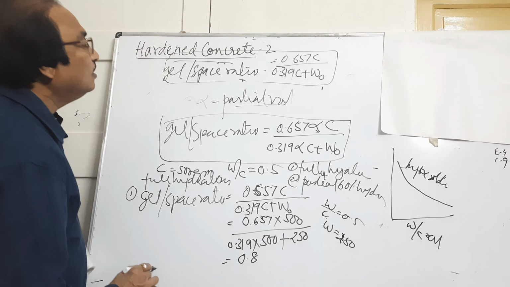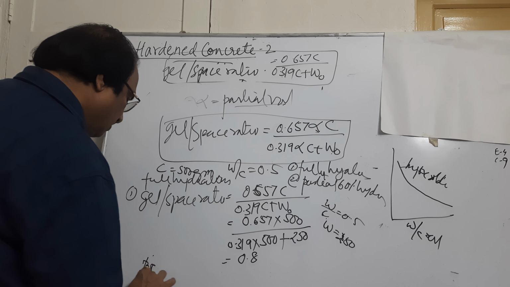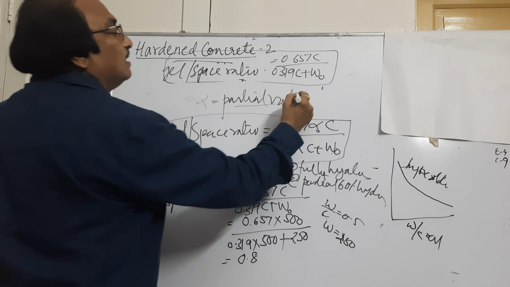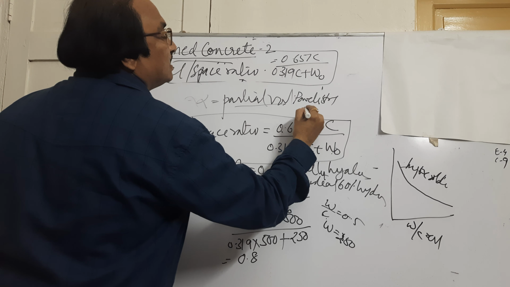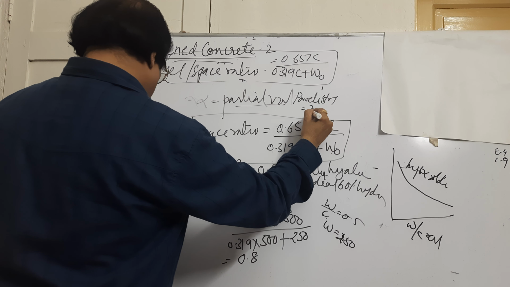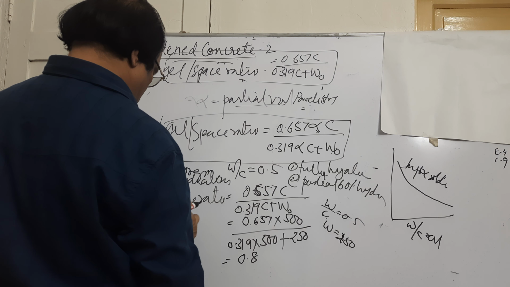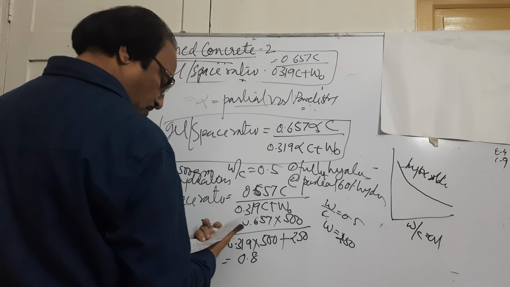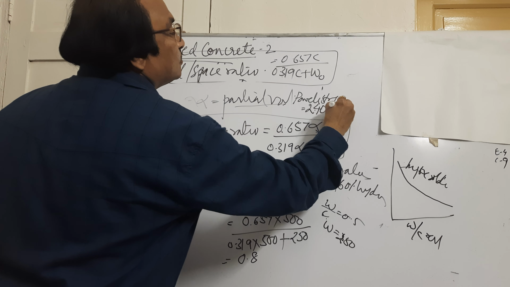So according to Powers' strength, just now we have given the formula. I'll write here Powers' strength. We have seen the formula, Powers' formula: 240 into x raised to 3.